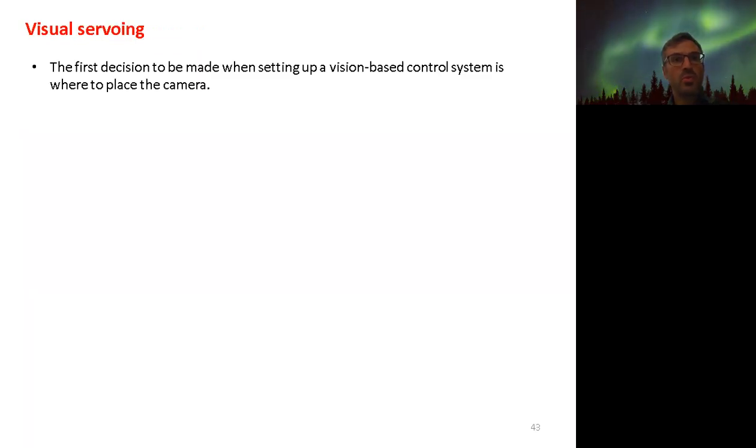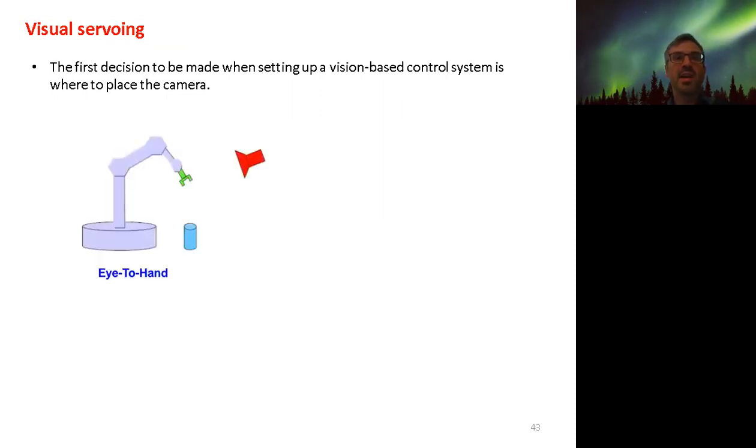The first decision to be made whenever you set up your vision-based control system is where to locate the camera. The camera can be located either outside the robot in the workspace in a fixed location, and this is the case of the eye-to-hand approach.